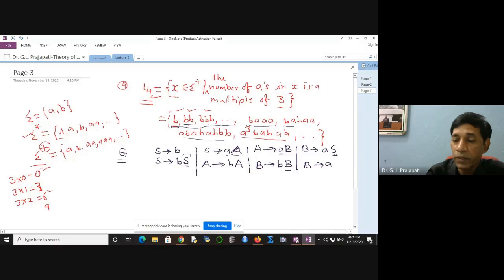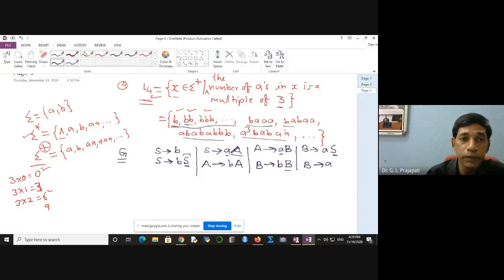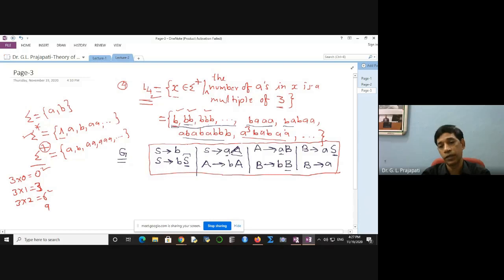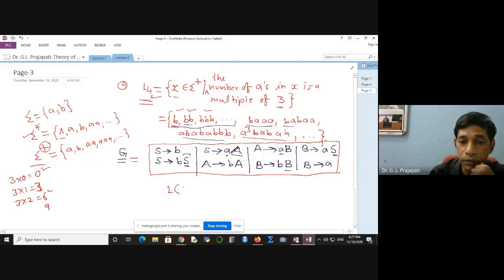And here S can be a string of only b's, or if S contains a, then it must be a multiple of 3. So this is the grammar we have found for the given language. You need to verify whether all such derivation rules can generate the same language L4 or not. Meaning if this grammar is G for L4, then your grammar G must be able to generate the language L4.